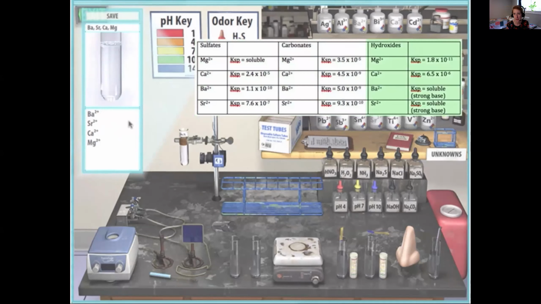In terms of separating these, you can separate them on sulfates or hydroxides or carbonates. There's a 3-order magnitude difference between barium and strontium, and they're quite less soluble than the calcium.